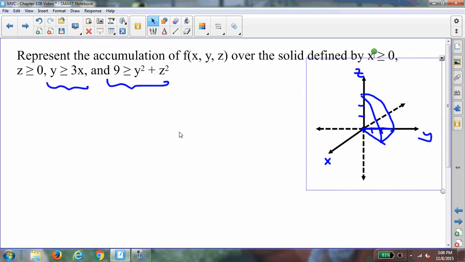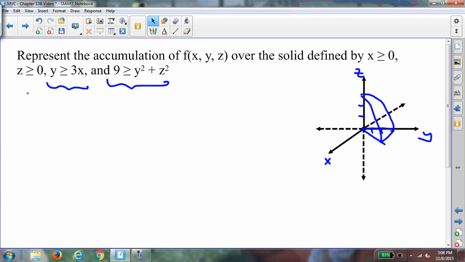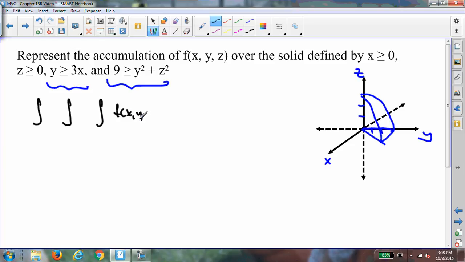Now, let's start by going through the different settings for this. Let's start with dz, dy, dx, of f of x, y, z.